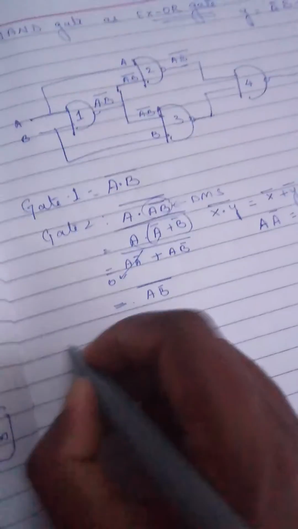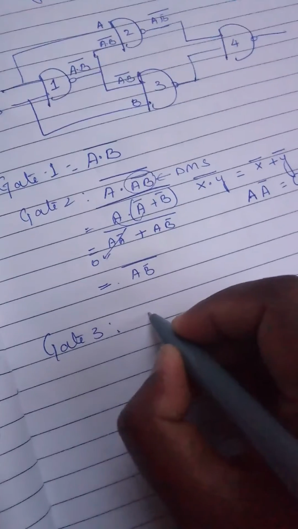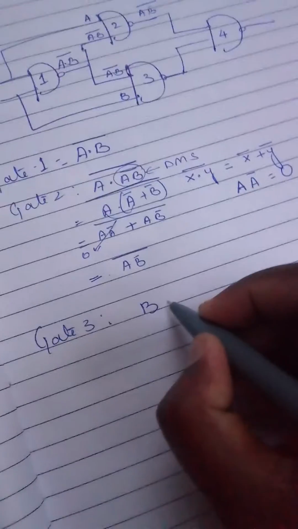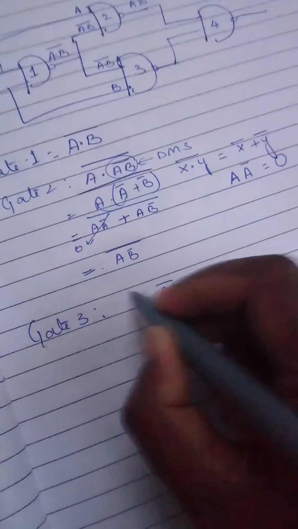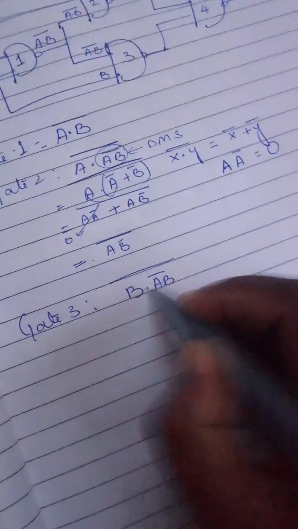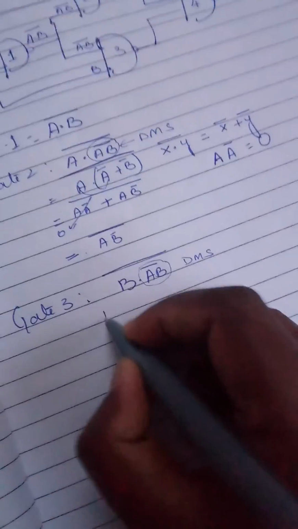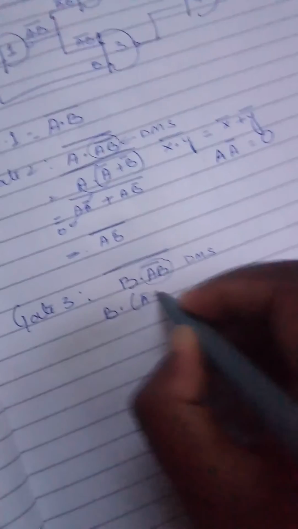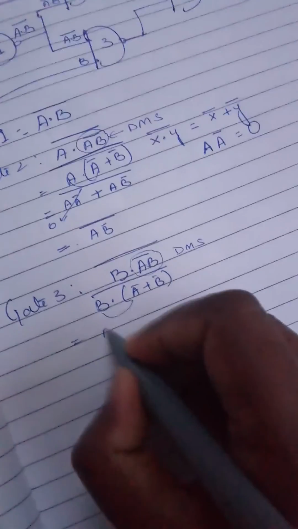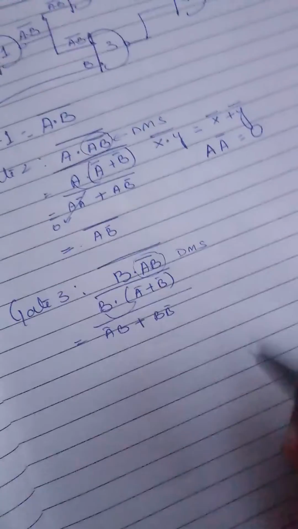Now similarly, if you check the output of gate 3, the inputs to gate 3 are B and (AB) whole bar, and this is performing a NAND function, so it is with a complement. Similarly, when I apply De Morgan's theorem here, it becomes B dot (A bar plus B bar) whole complement, which is equal to (A bar B plus B B bar) whole complement.